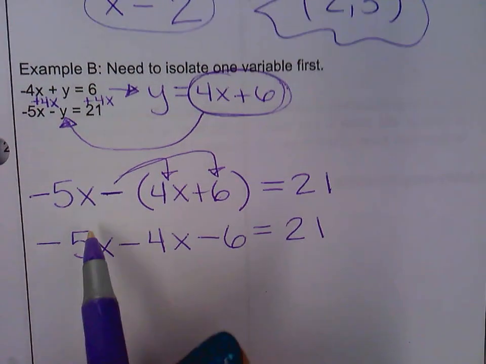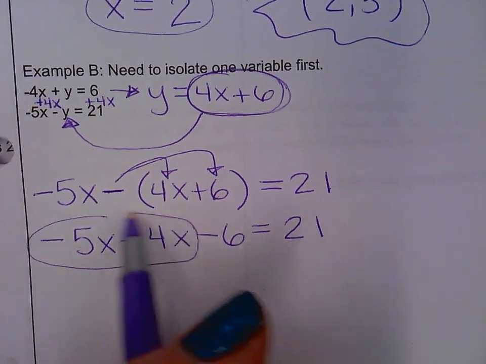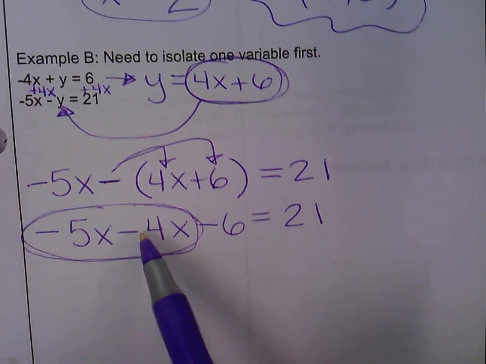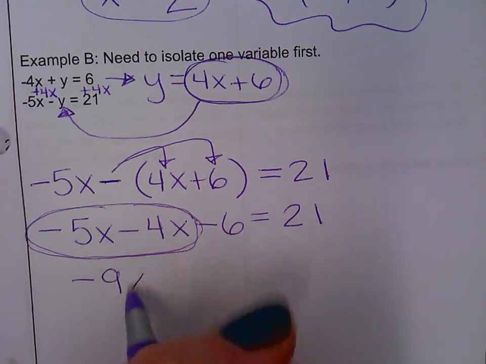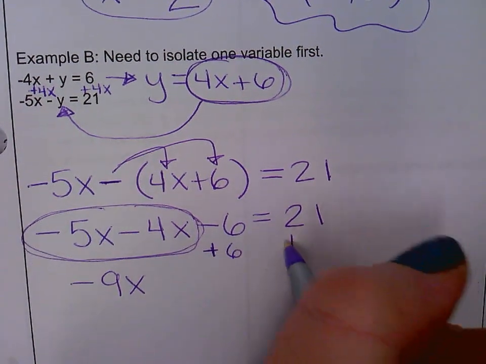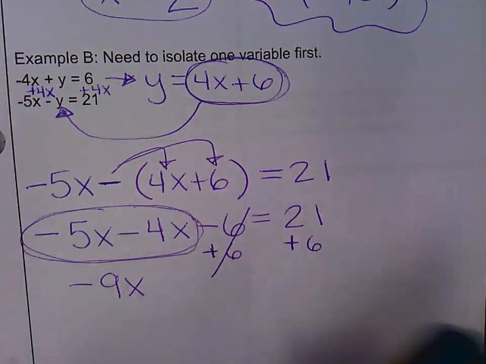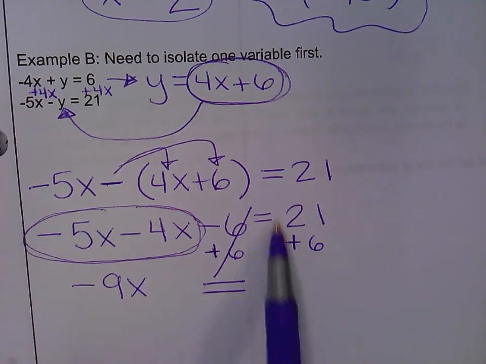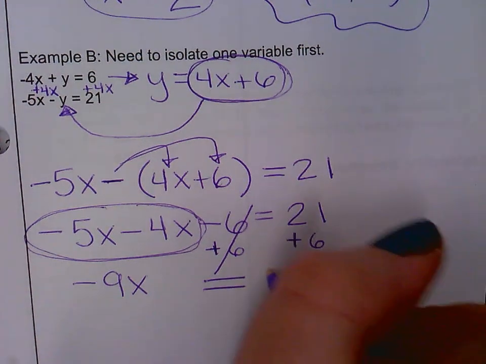How many x's do I have over on this left-hand side? I have a total of how many? Negative 9 x's. And then I'm going to do the step here. Add 6 to the other side. So I have negative 9x equals 21 plus 6 is 27.